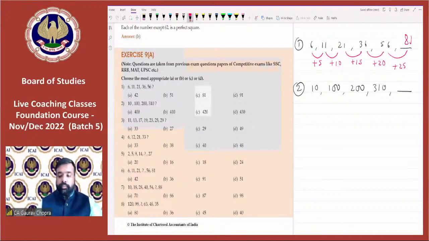Come on, everyone. So this time, the gap is getting increased by 90, then plus 100, plus 110. So the next should be plus 120. So the correct answer would be 430.